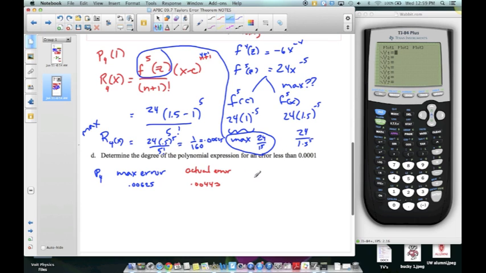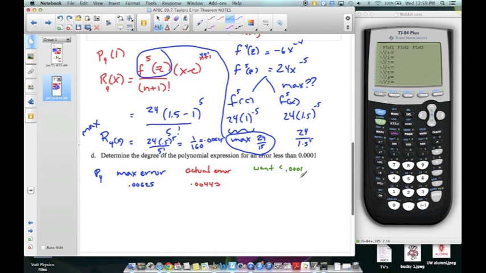Now what we want is an error of less than 0.000001. So that is far less than the actual and far less than the maximum.